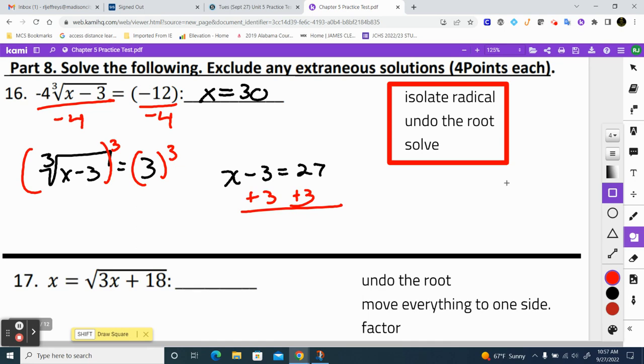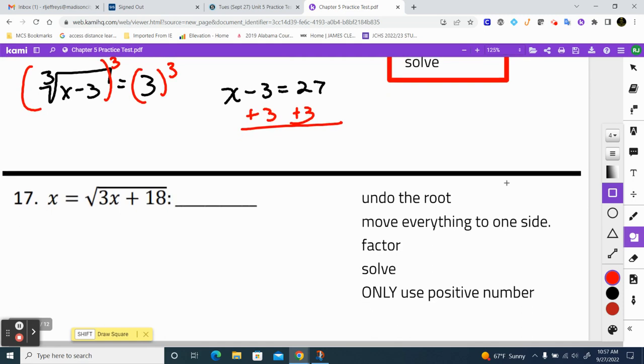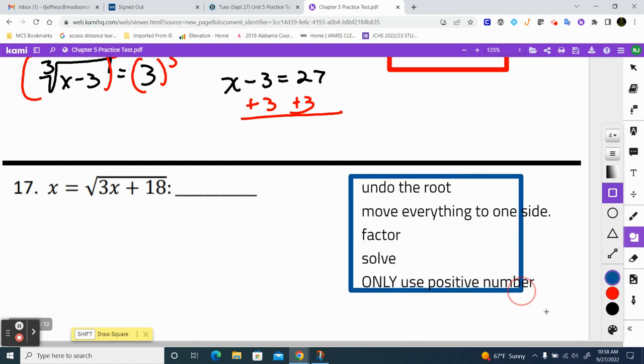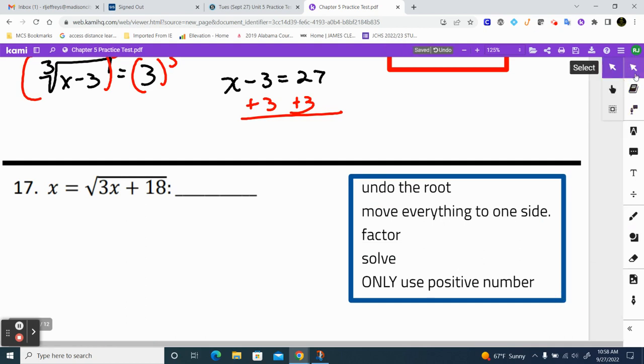Number 17, there's only a little bit that changes. You will have to do the same steps on number 17 on the test. Hint, hint.